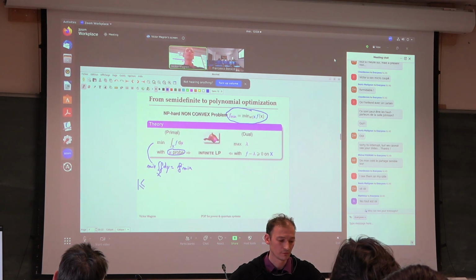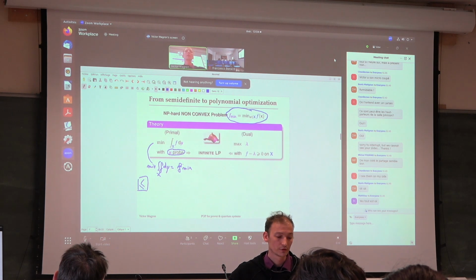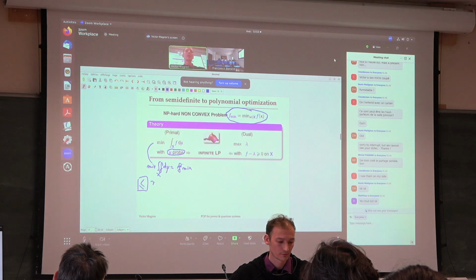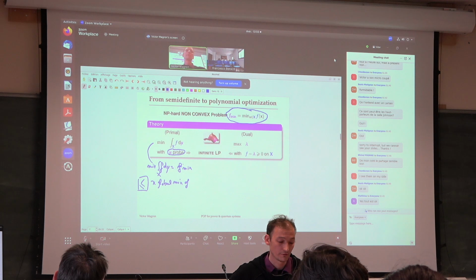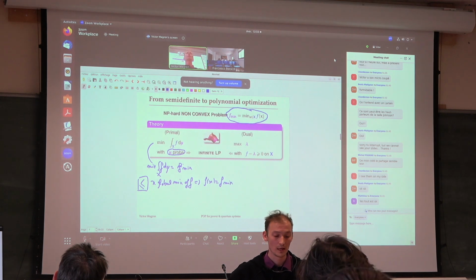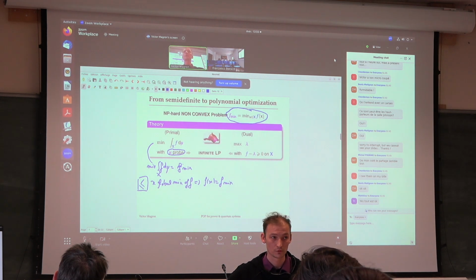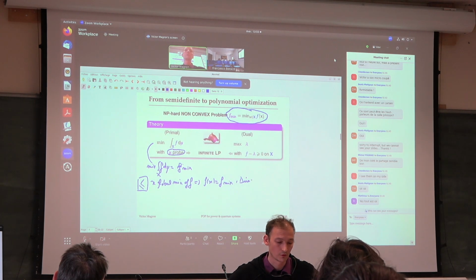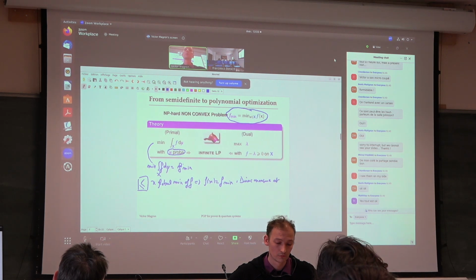So let's prove the first one. The set of constraints is compact, so there exists a global minimizer. So I'm going to call x a global minimizer of f. So basically f of x is equal to f min. Okay. And then I will define the Dirac measure supported at x. So all the mass of this probability measure is concentrated at x. I'm going to call that delta x.